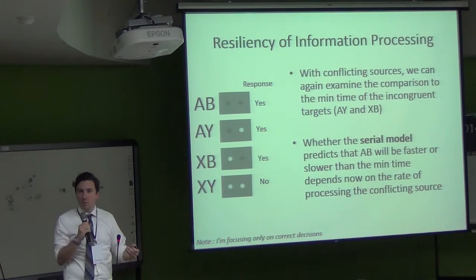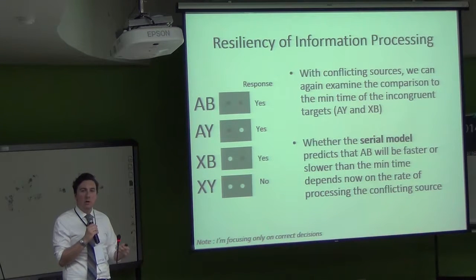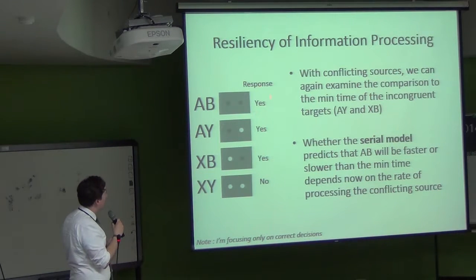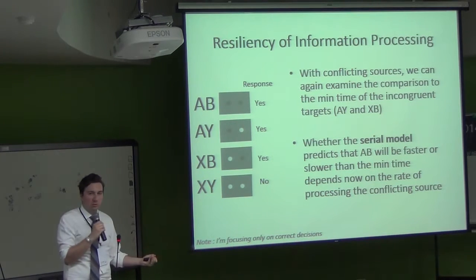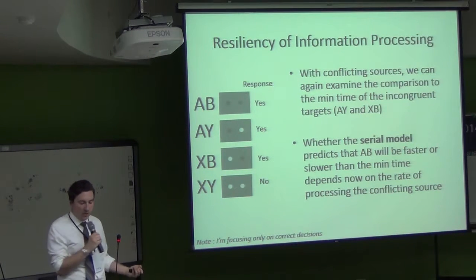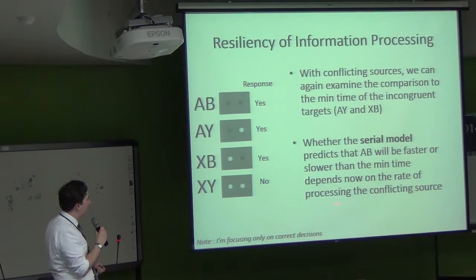So the idea is that whether or not a serial model produces a double target response time which is faster or slower than the derived minimum time depends on the rate of processing of that conflicting source of information.